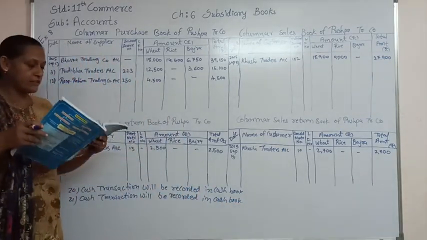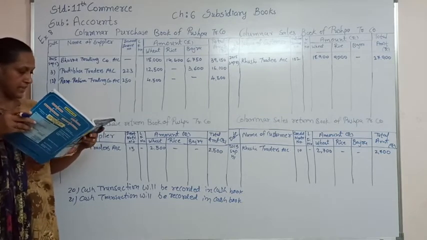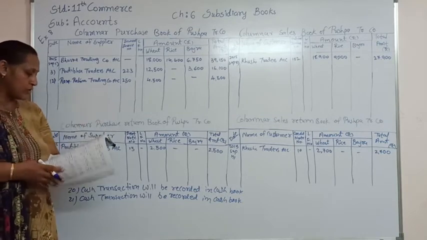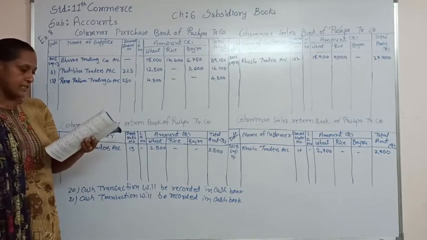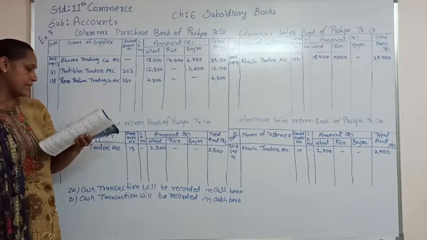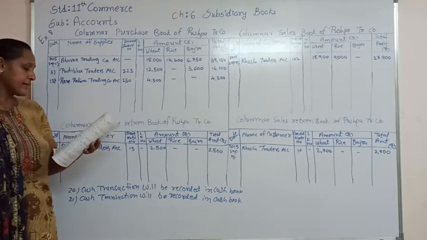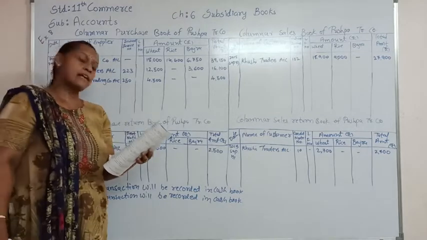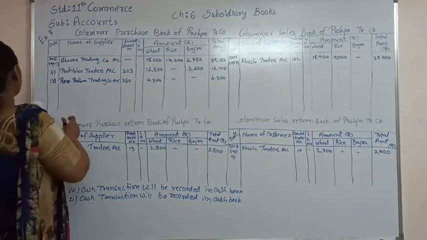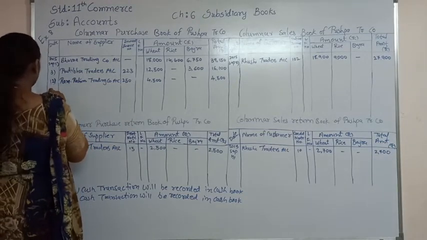So 20 and 21 both are cash transactions. On 23, purchase from Puja Traders 500 kg rice at rupees 60 per kg, 1000 kg bajra at 18 per kg, trade discount 10%. Credit is 1.5 month. Invoice number 301.